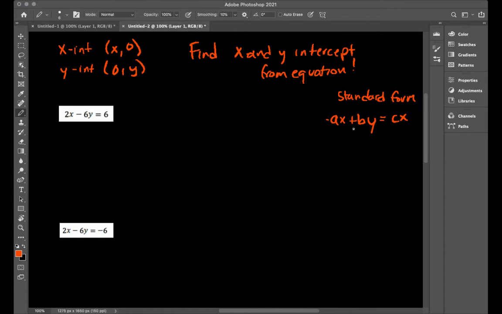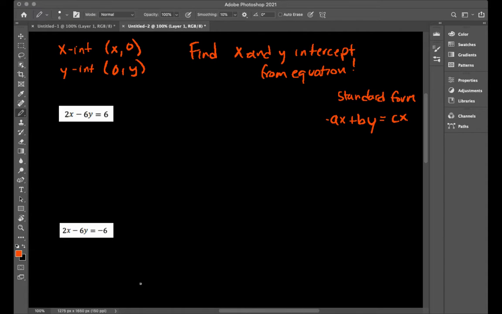So what about this a, b, and c? Those are basically coefficients. That's all it is. So the coefficient of x, 2, would be a, the coefficient of y would be negative 6, and the constant at the end would be 6.